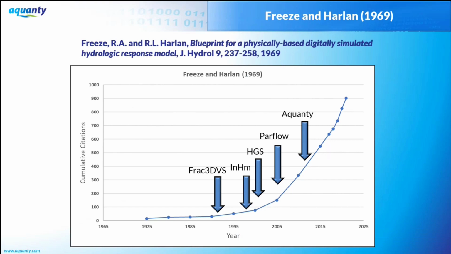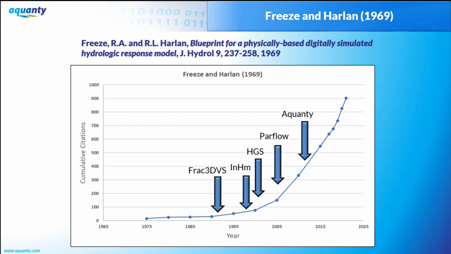So we looked at something that was kind of interesting, a couple of years ago, on the citations to the Freeze and Harlan paper over the years. It picked up a few citations in the early to mid-70s. Al had published a couple of papers with grad students looking at hillslope hydrology with this integrated approach, but it didn't really pick up steam until later years.